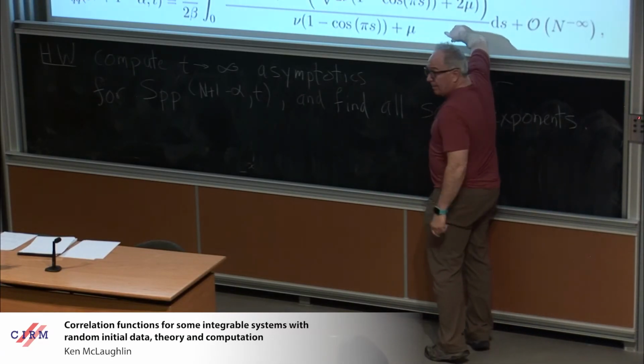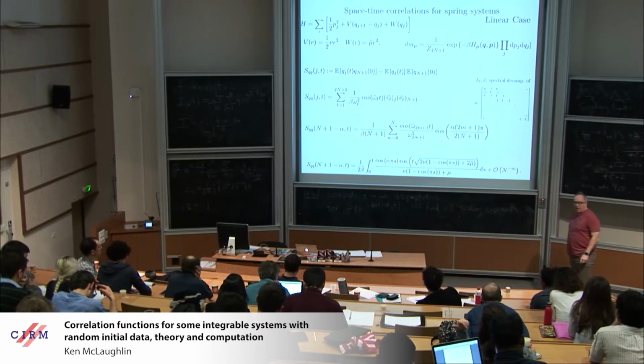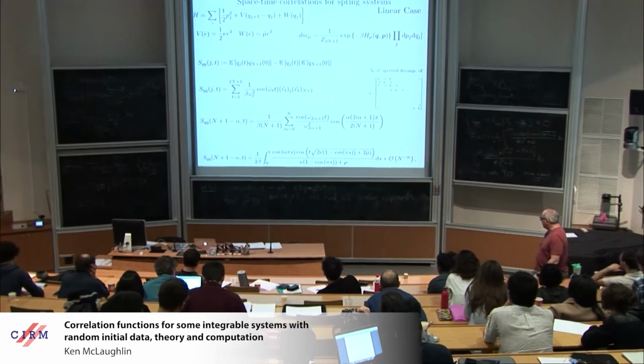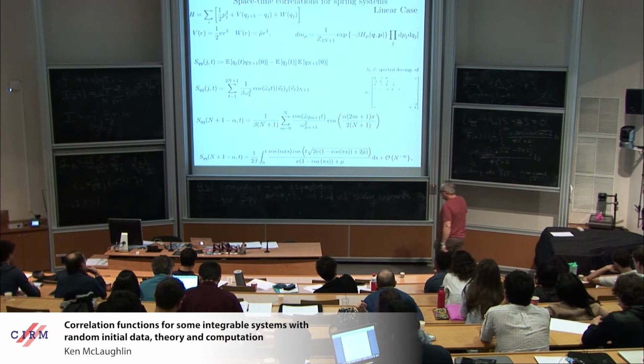It has no denominator in it. And then compute the long-time asymptotics. You'll have to let alpha scale with t. And the challenge is to identify all of the scaling exponents in that case.